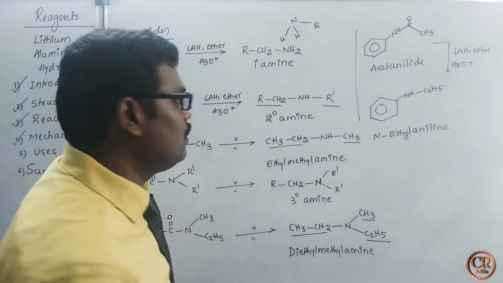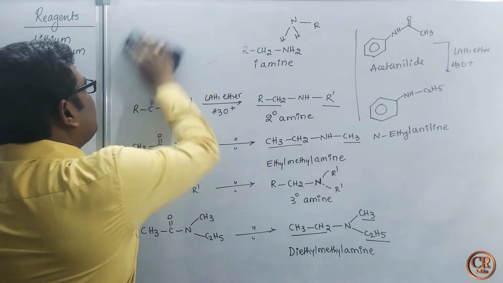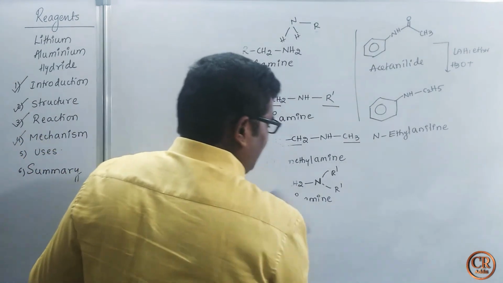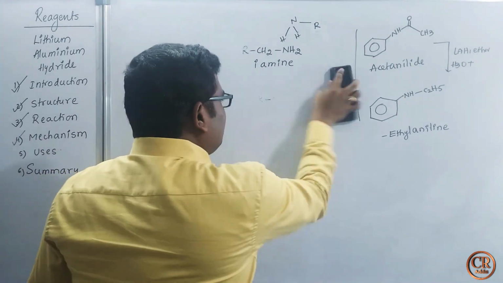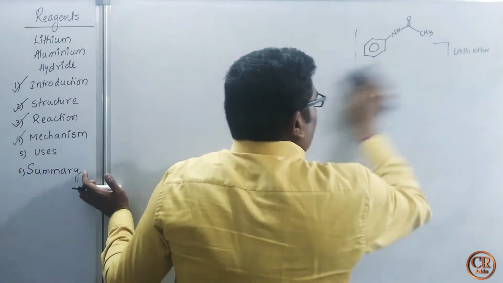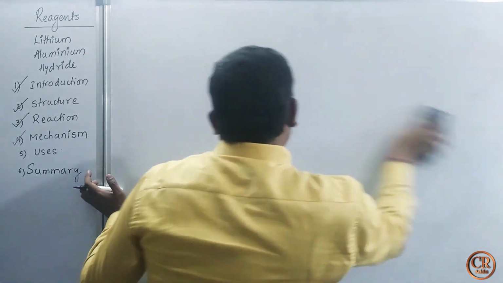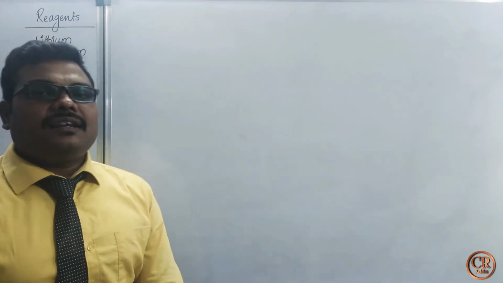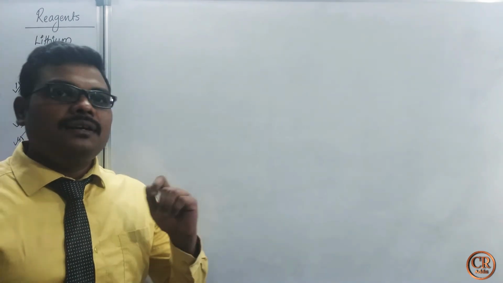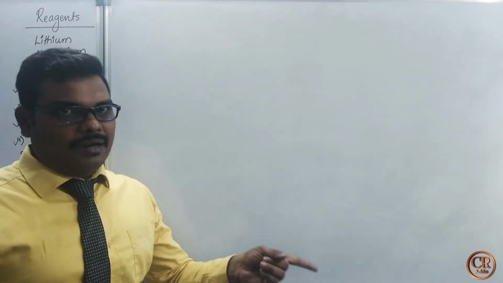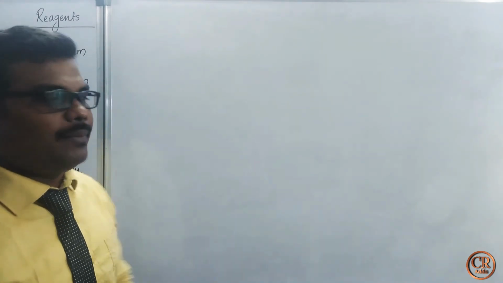Then we move to carbonyl compounds. See here, finally I will tell you, carboxylic acid and in its derivatives acid chlorides, anhydrides, next esters, all these are giving only primary alcohol, whereas amides are giving either primary amines or secondary amines or tertiary amines.